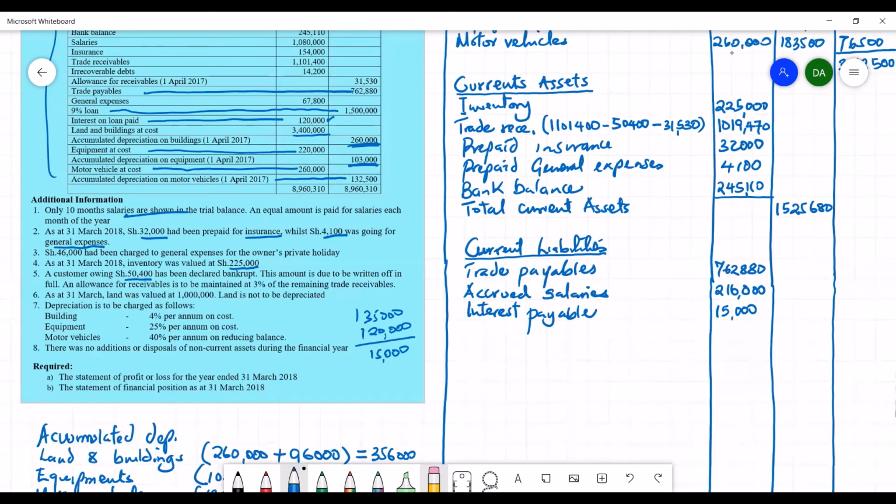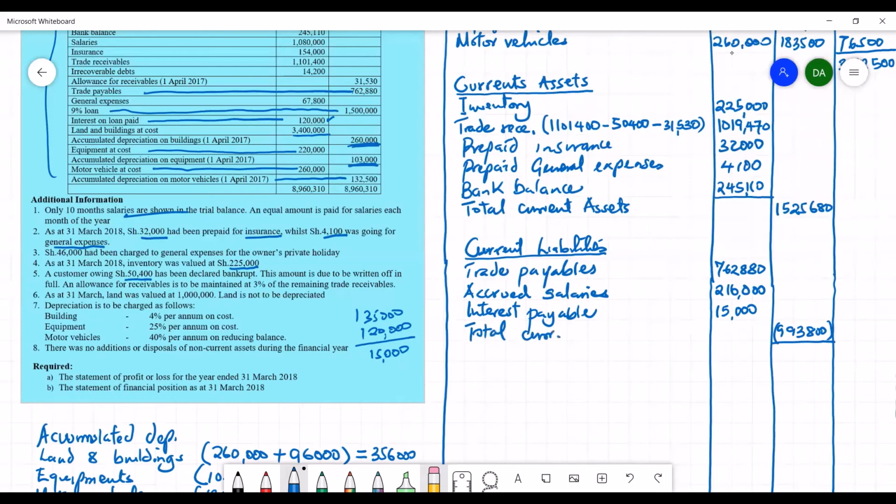Let us now determine the total of current liabilities. Total current liabilities equals 993,800. And this amount should be deducted from the total current assets.